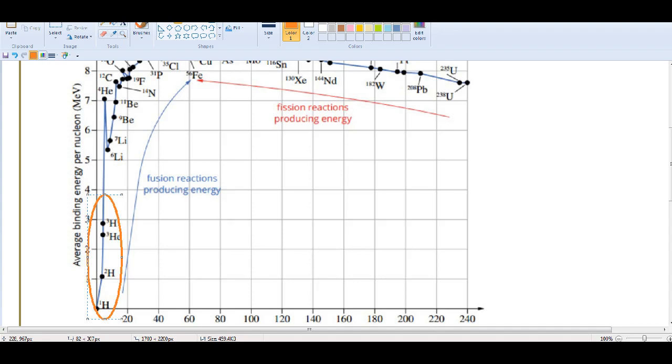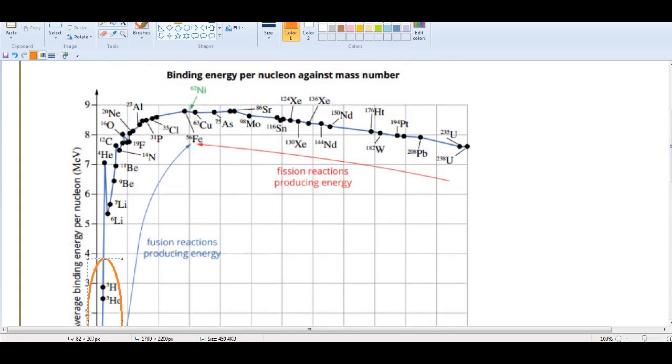You see it rises so rapidly. That means for every unit change in nucleon number, the energy release will be much higher. On the other hand, fission is still climbing up, but the slope is much smaller.